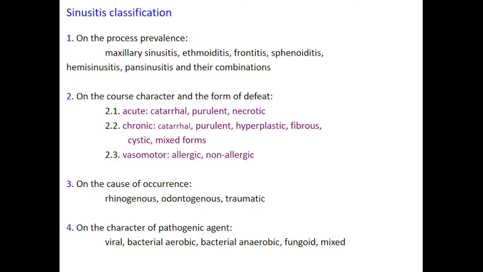Due to morphofunctional changes: acute is catarrhal-purulent, necrotic; chronic is catarrhal-purulent, hyperplastic, fibrous, cystic, mixed forms, and vasomotor, allergic and non-allergic. Due to way of spreading the infection, it's rhinogenous, odontogenous, traumatic, and on the character of the pathological agent, it may be viral, bacterial, fungal, and mixed.